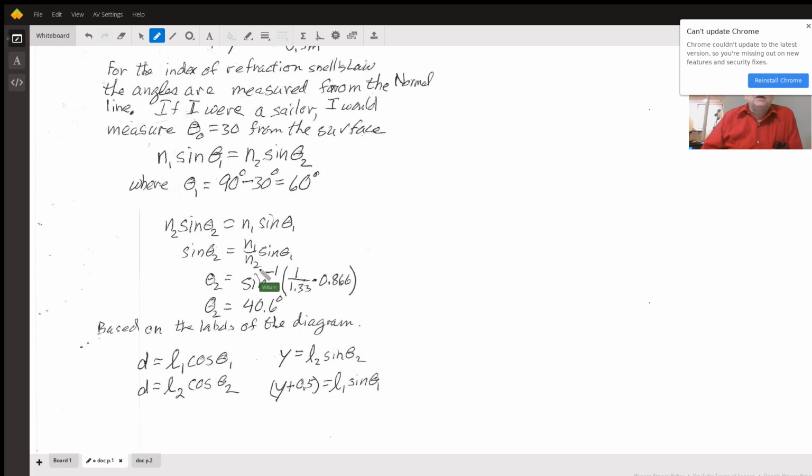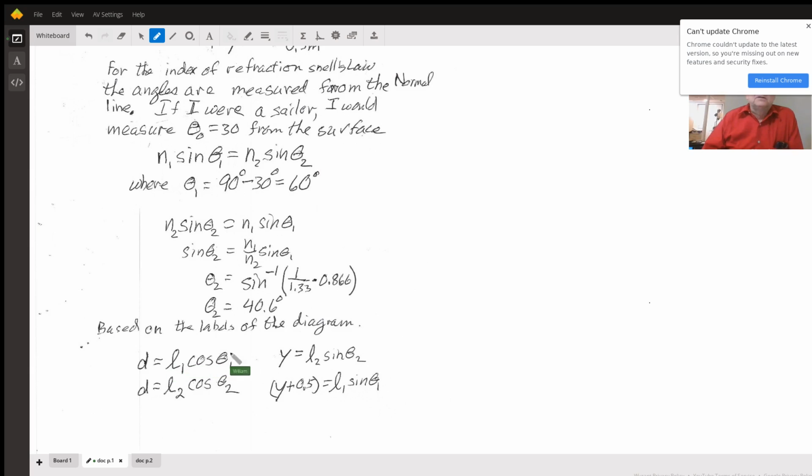Theta 2, solved for, is the sine of theta 2 equal to 1 divided by 1.33 times 0.866. That's the sine of 60. The sine of 60 is 0.866, and the angle is 40.6 degrees.